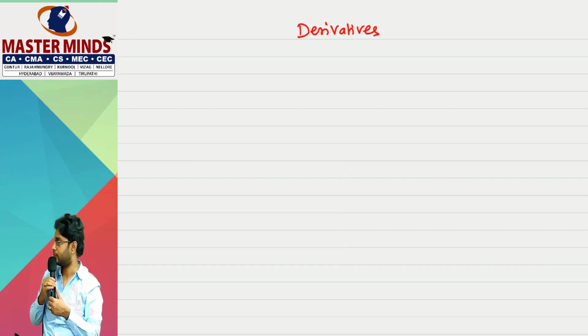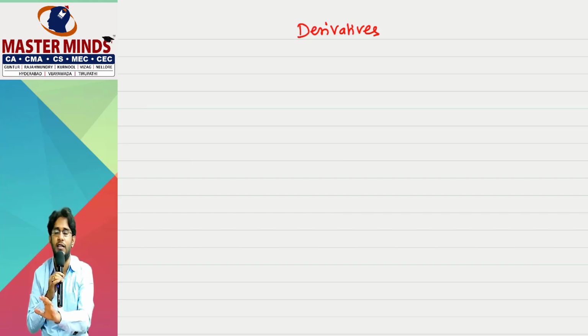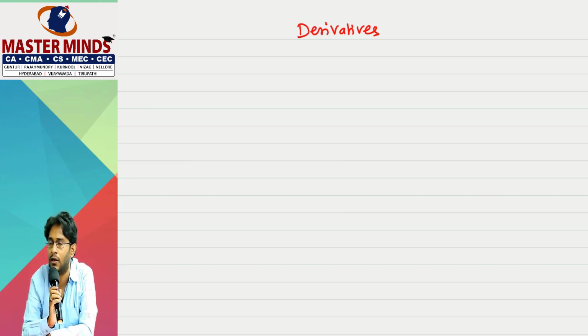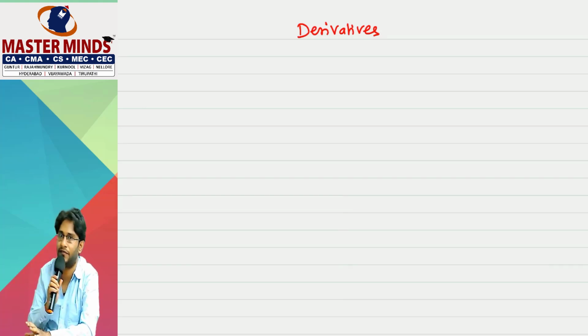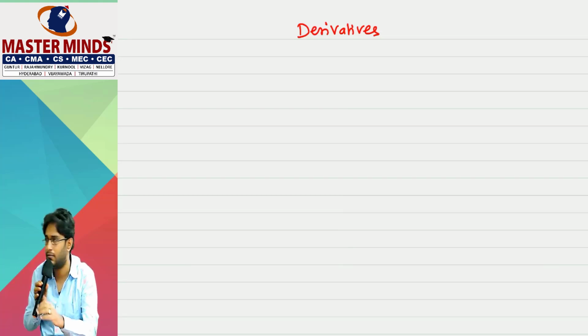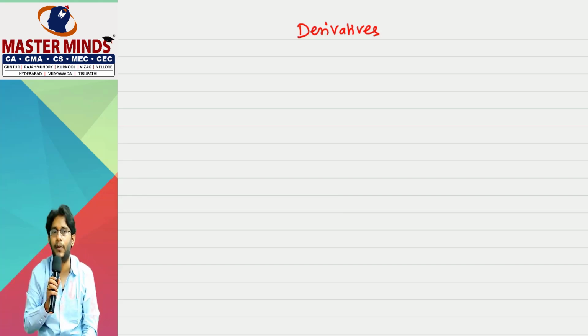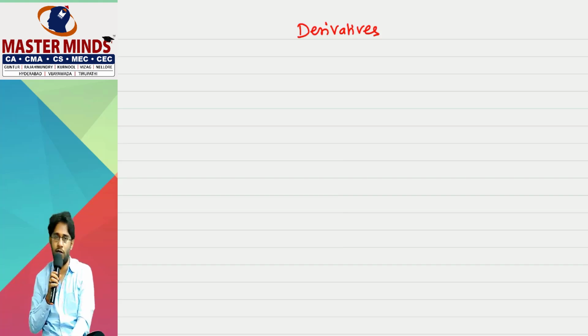But here we'll briefly touch on various derivatives, so that if somebody has not covered AFM yet, or is not very sure of the basics, it will help. People who already have a fair idea of the basics of derivatives might find this slightly boring, but still pay attention. There might be one or two important points.